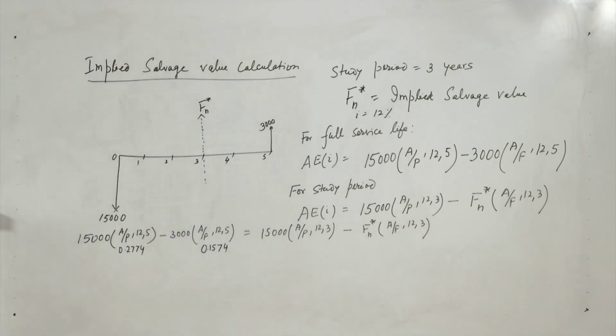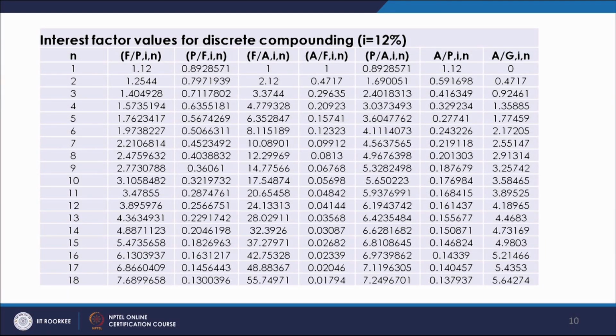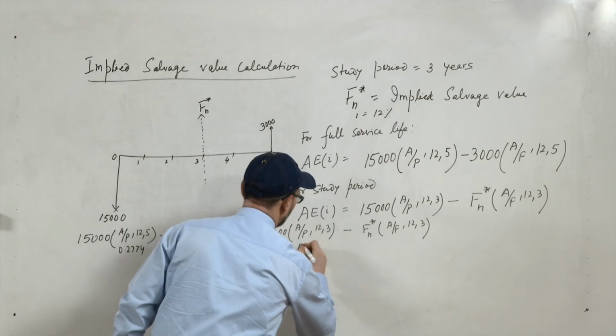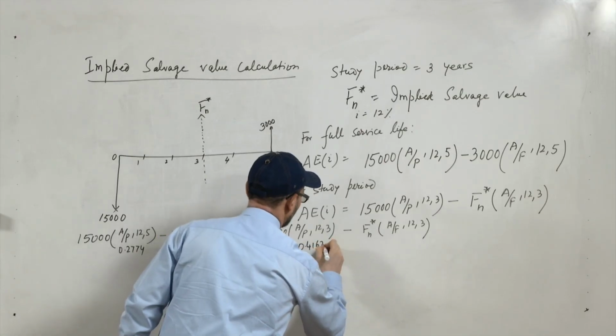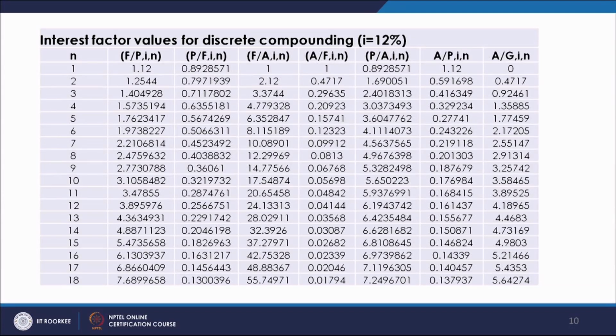Similarly, A by P, 12%, 3 years, is 0.4163, and A by F, 12%, 3 years, is 0.2963.